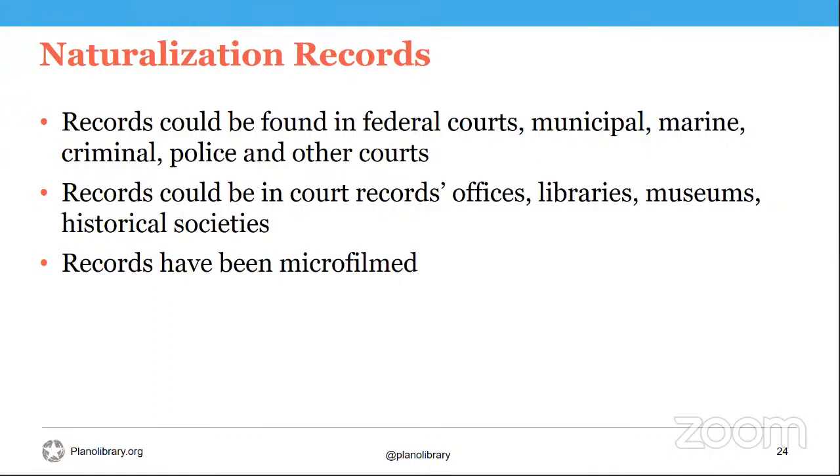So I always start with what do we have in books here at our library or any library nearby. And then I look for, and this is the problem too, whenever it comes to the naturalization, you're going to first assume that this is the place that they landed and they stayed at. So I'm going to look first at the naturalization records for Collin County because, hey, they're here.